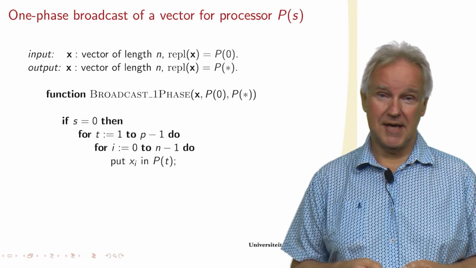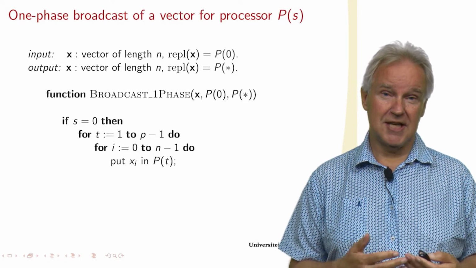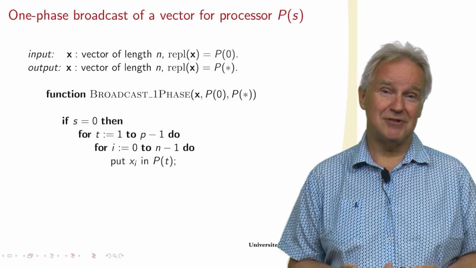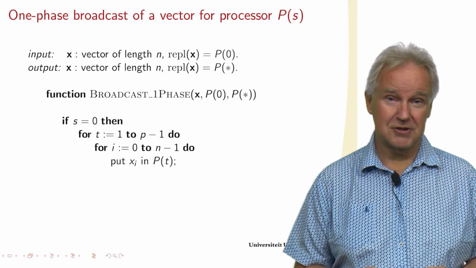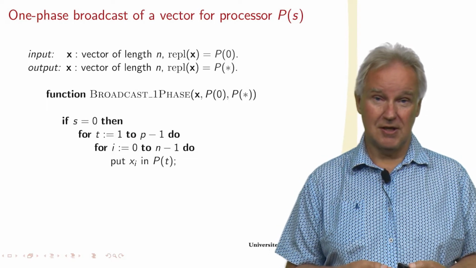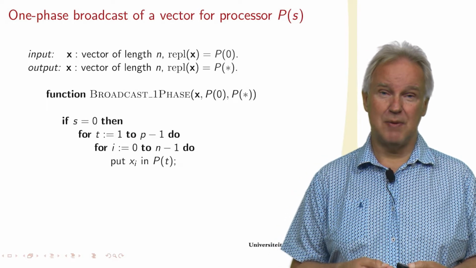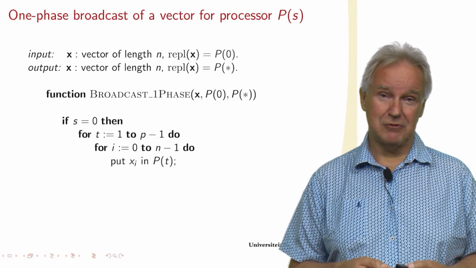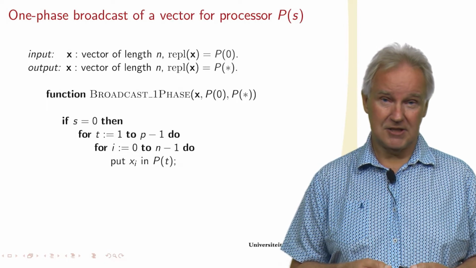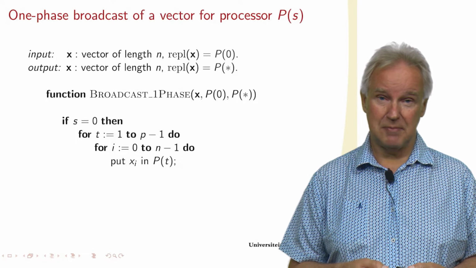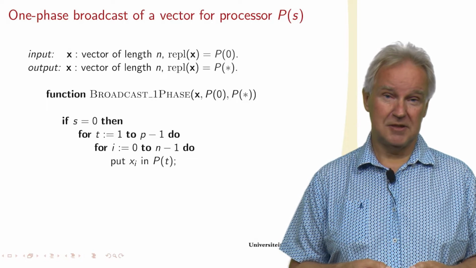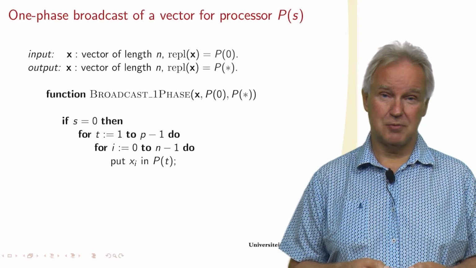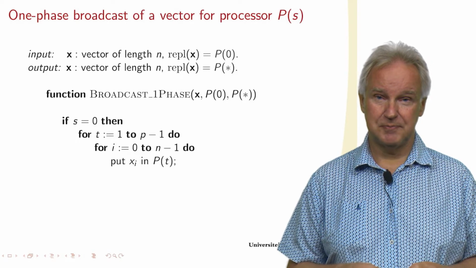If S equals 0, I have the data, so I send it to all other target processors, 1 up to P minus 1. I send all the data xi with i between 0 and n minus 1, and I put xi in PT, the target processor. Very simple.